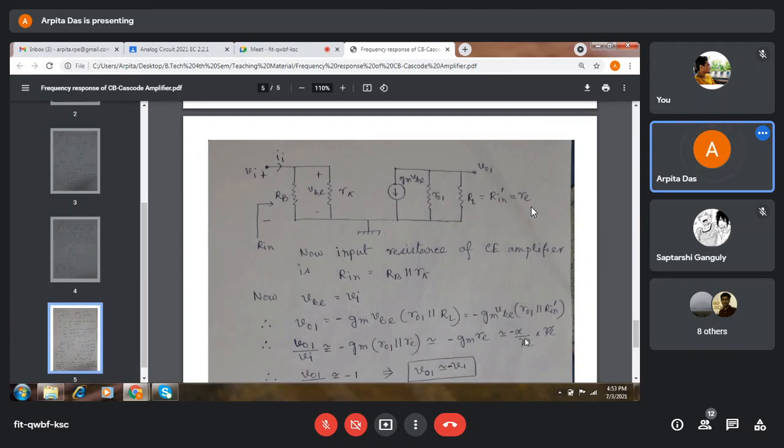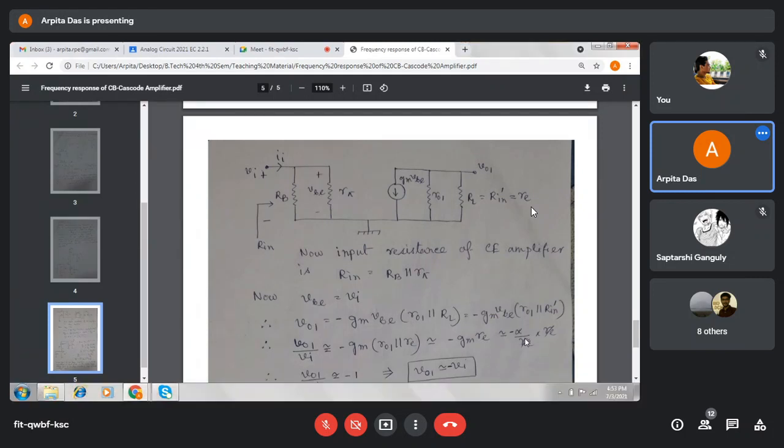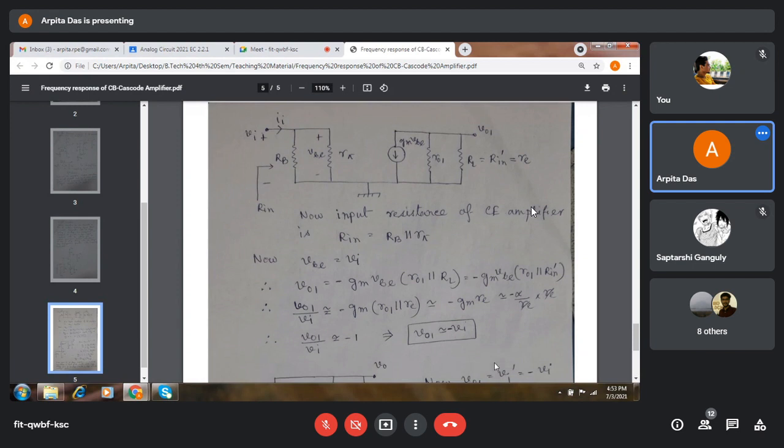Now, in most of the cases, in most of the transistors, beta is very high, so alpha is very close to 1. And since alpha is very close to 1, we can write VO1 by VI is approximately equal to minus 1.